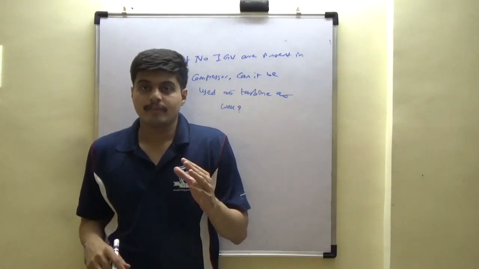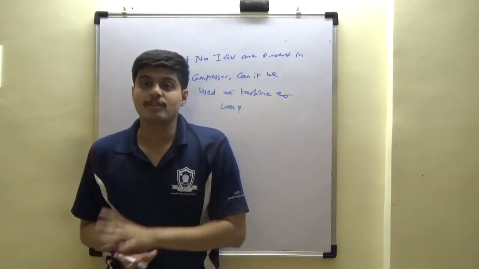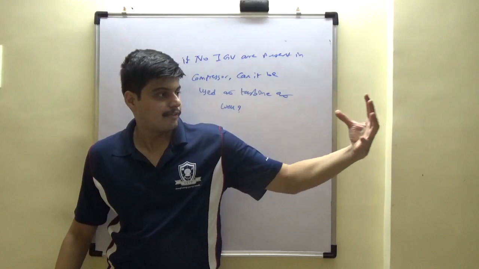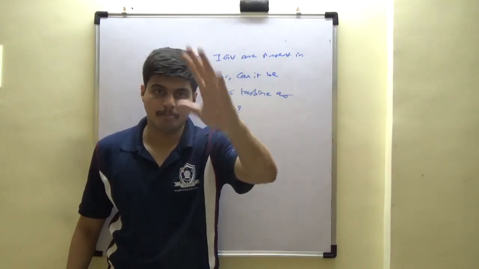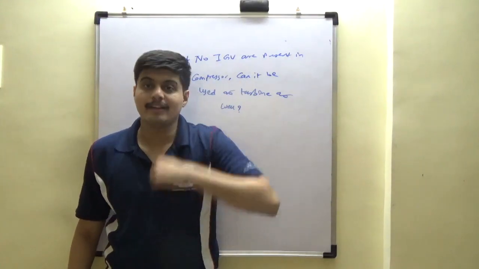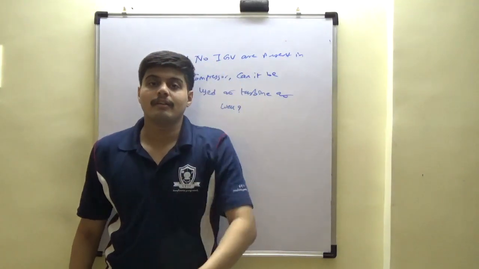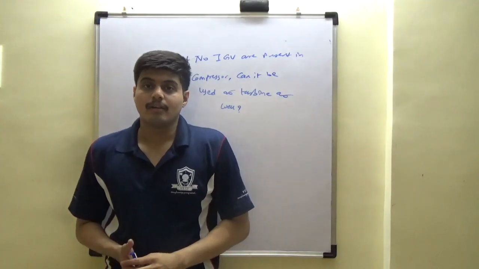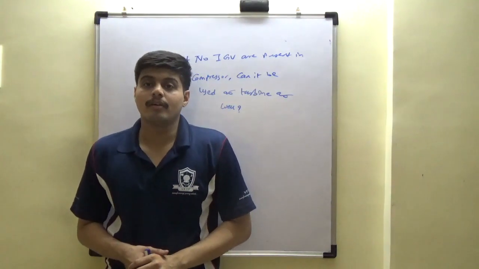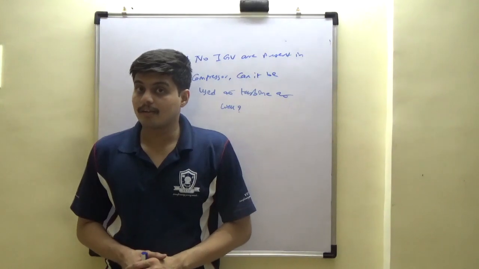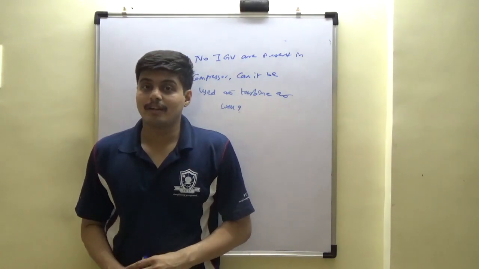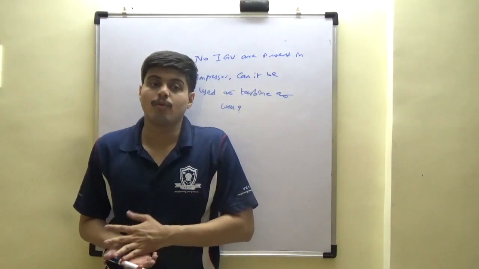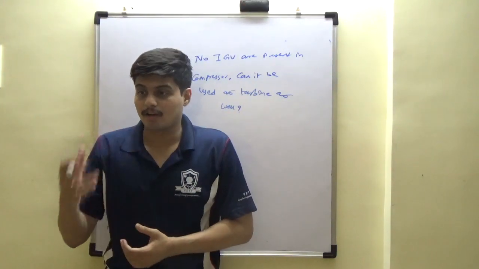IGV is a very peculiar property that we saw only in compressor, never in turbine. Why? The fluid which came out of the combustion chamber rotated the turbine first in the velocity diagram. So rotational blades were directly rotated in the turbine, not in the compressor. Compressor had a diffuser to reduce the energy before the flow can face a rotating component.